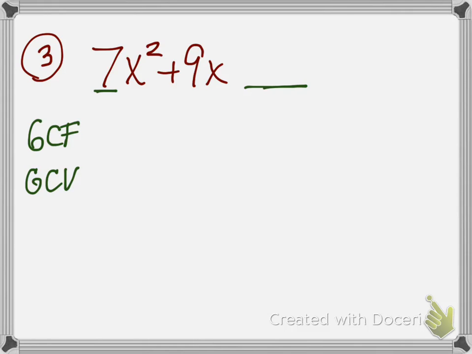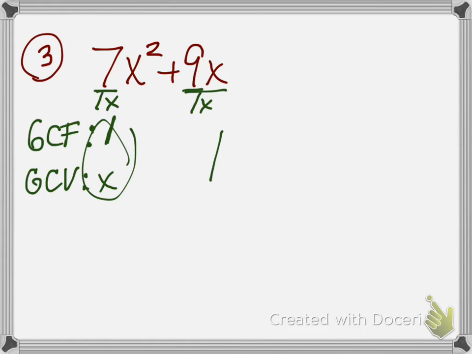So greatest common factor between 7 and 9, there isn't one, or you can say it's a 1, which dividing by 1 isn't going to do much. Greatest common variable is an x. So if I divide everything by 1x, then I end up with my greatest common factor and variable outside my parentheses, and then what I divide. 7 divided by 1 is 7, x squared divided by x is x, 9 divided by 1 is 9, x divided by x cancels.